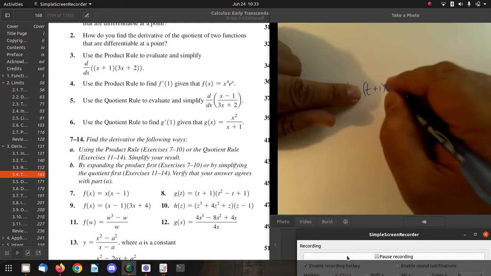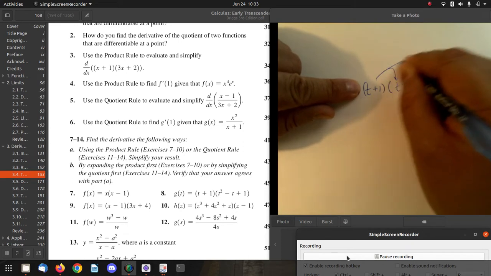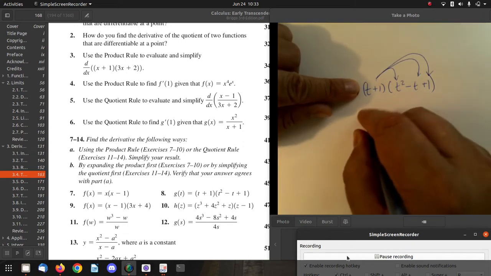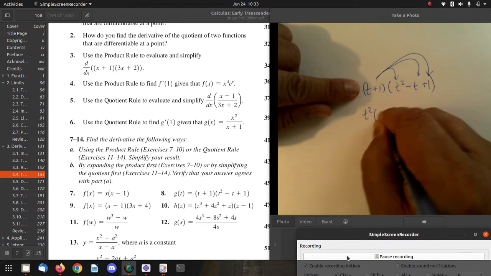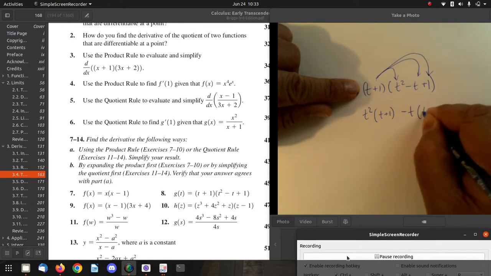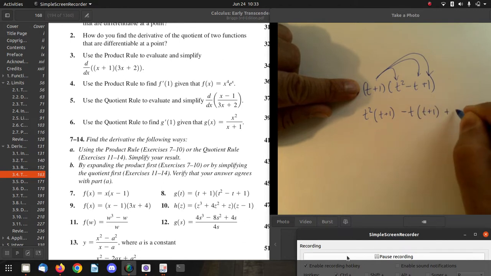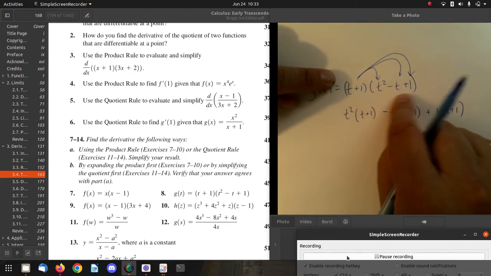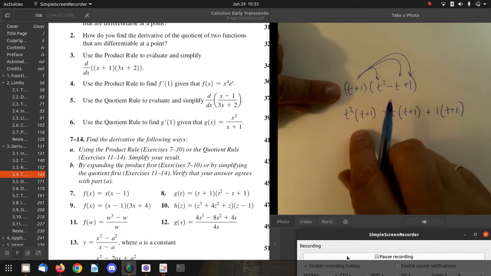So this is t plus 1 times t squared times negative t and times 1. So I'm going to do that. So t squared times t plus 1 minus t times t plus 1 plus 1 times t plus 1. So I'm going to distribute that t plus 1 to each term in the expression that it's being multiplied by.